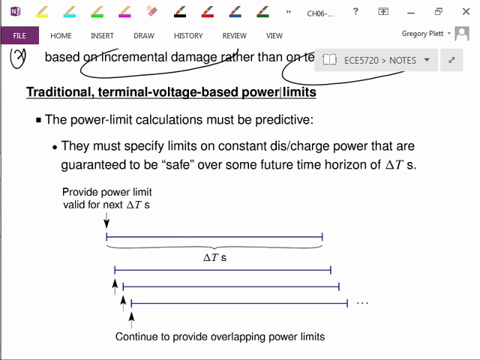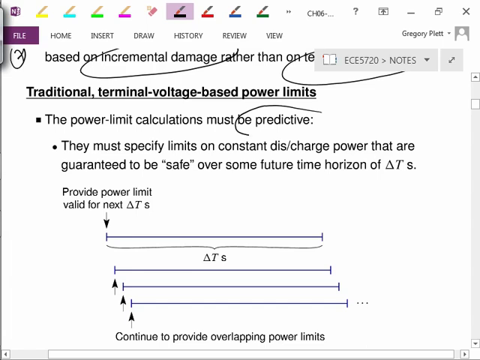But the calculation that we give for power limits is delivered to the primary load controller, whether it's a vehicle controller or whatever, to say this is the maximum power that is permitted to be drawn from the battery pack or to be sunk by the battery pack over the next delta t seconds. It's a predictive quantity.